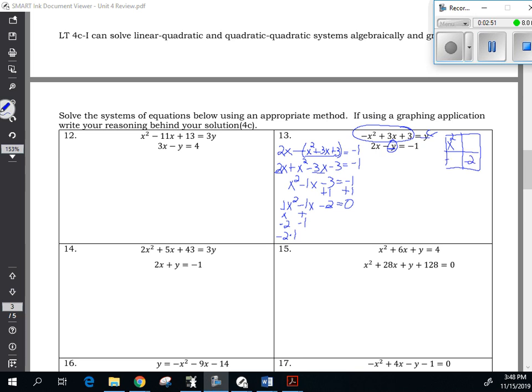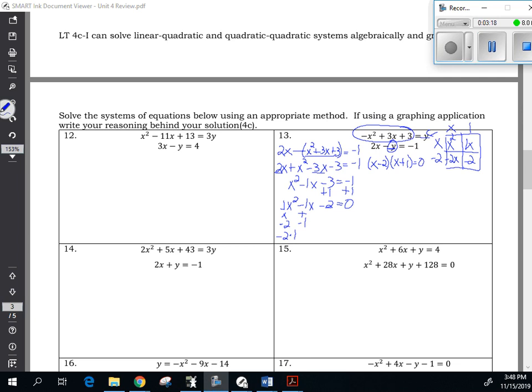Negative 2x in one box and 1x in the other box. And the first thing I do is I find my greatest common factor of x squared and x is x. Greatest common factor of negative 2x and negative 2 is negative 2. X times x is x squared. X times 1 is 1x. And so my factored form is going to be x minus 2 times x plus 1 is equal to 0.